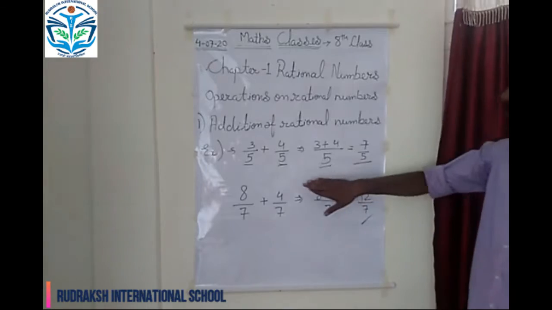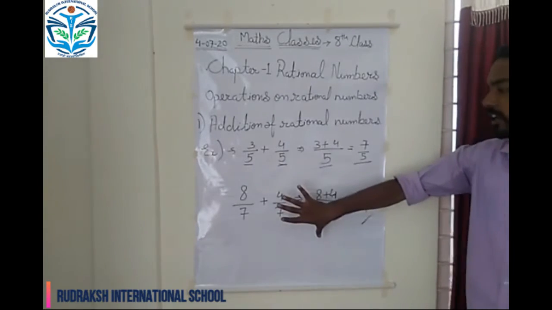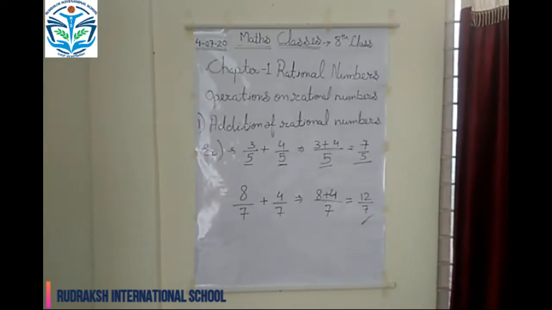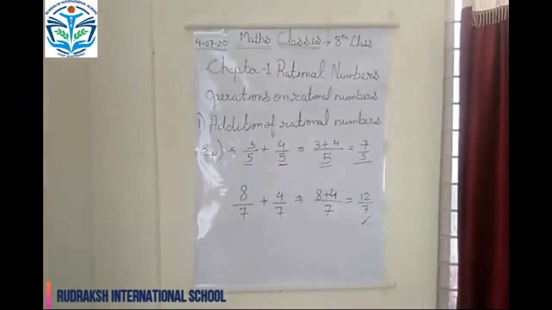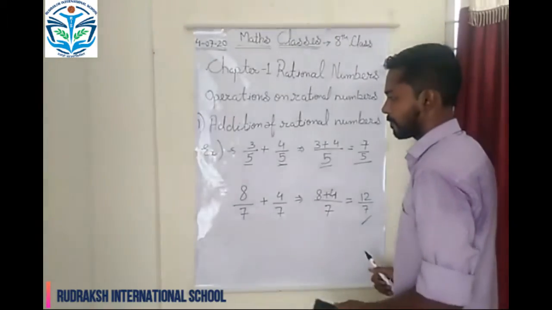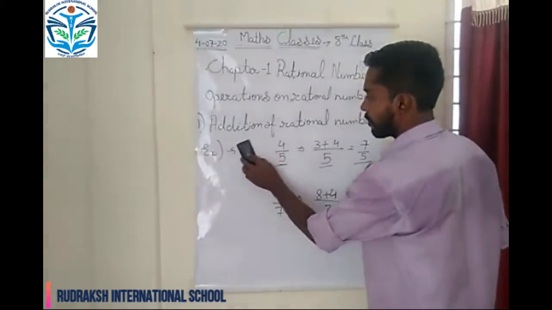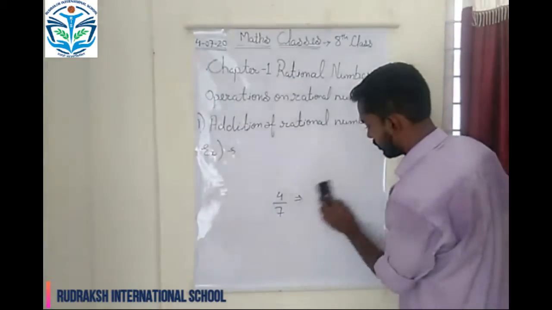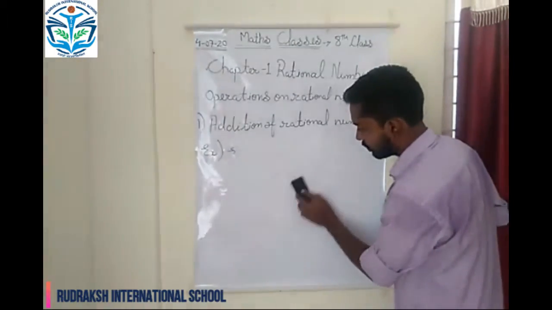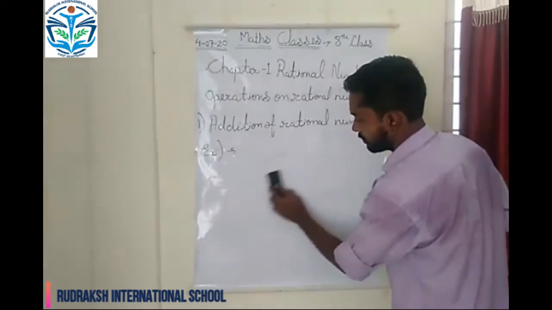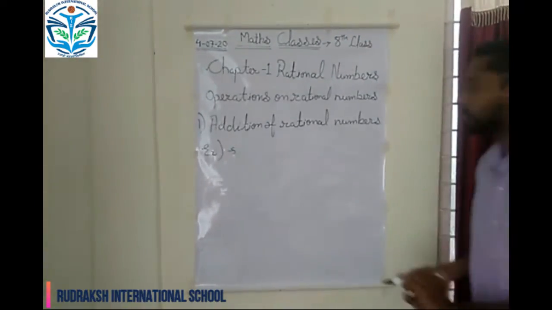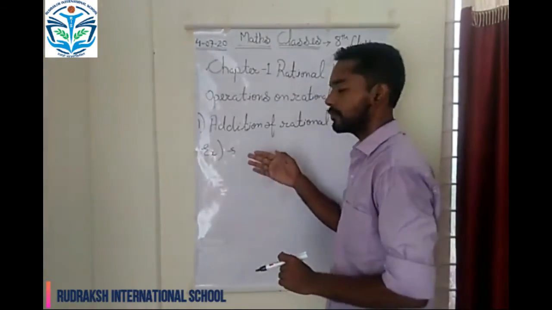So while we are having the same denominator, you can simply add the rational numbers using this method. So these were the examples when we are adding the rational numbers with the common denominators.